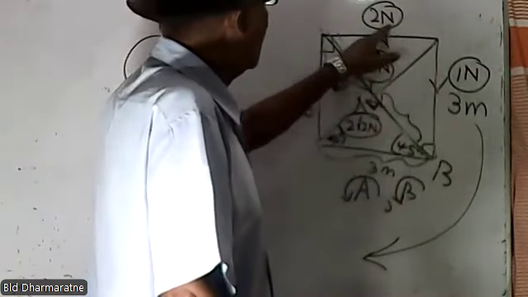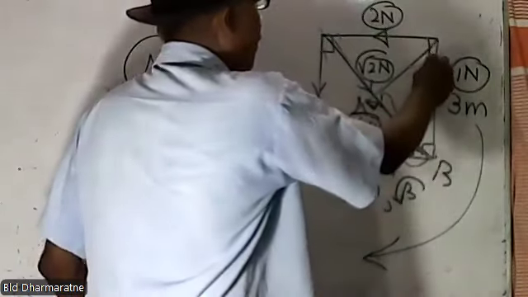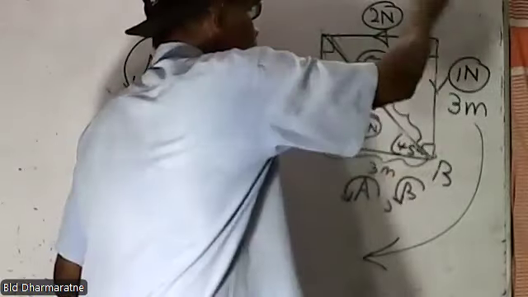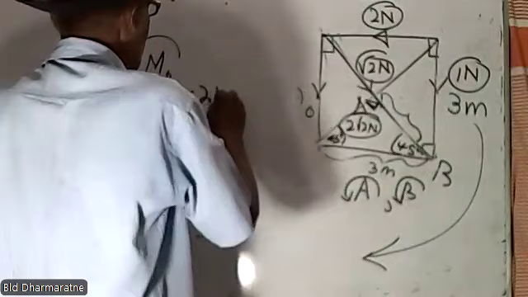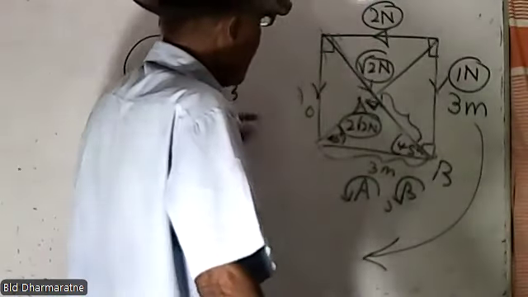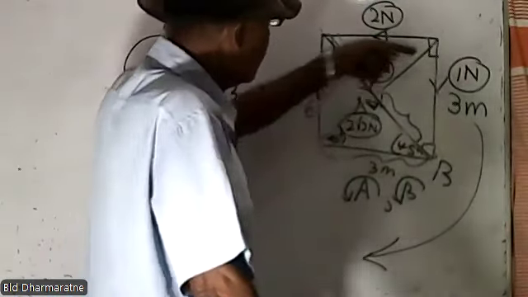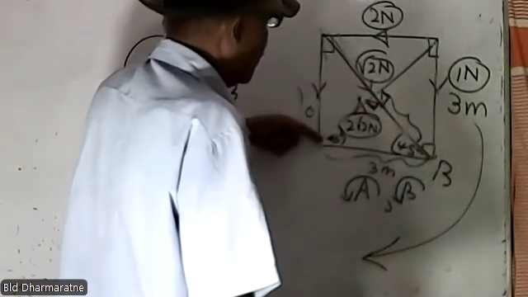This one, 2 into 3, is the perpendicular, in the anticlockwise direction. Then this one, 2 root 2, has this perpendicular.